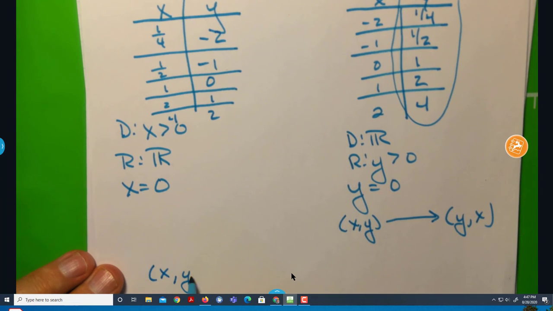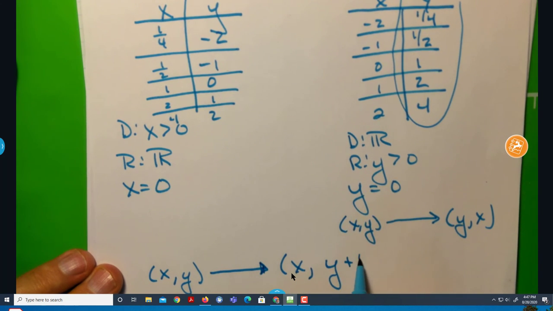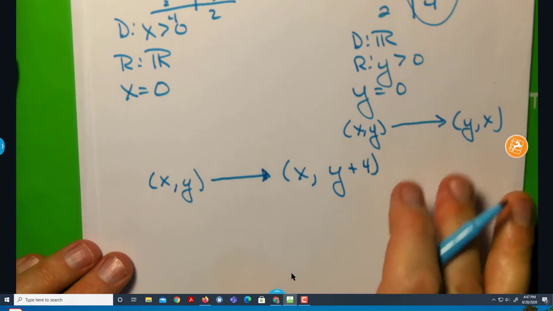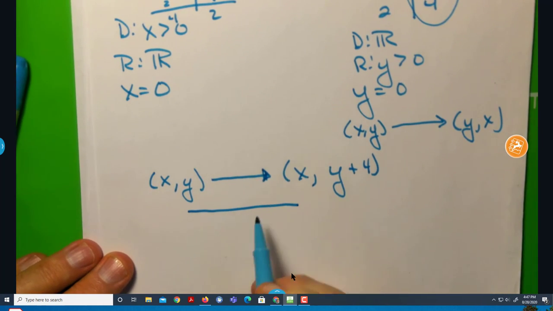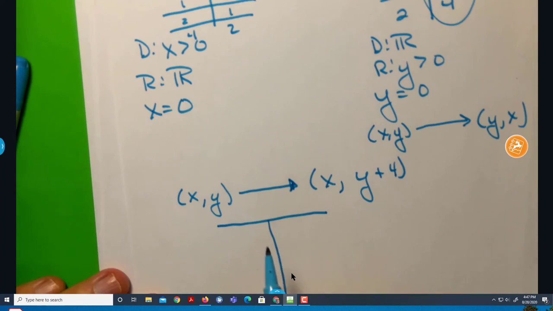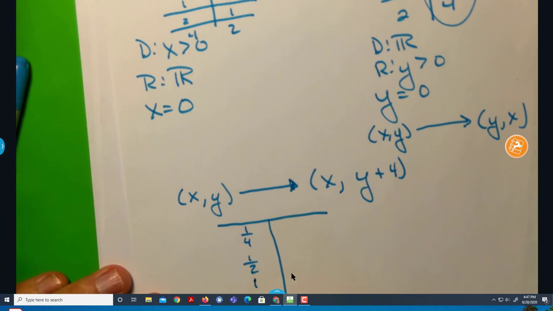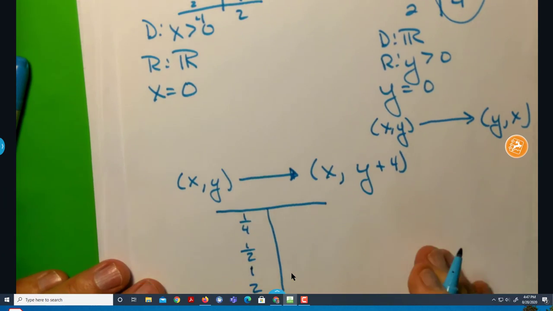Okay, now, if you look here, we only translated it 4 up, so I copy the x's, and I add 4 to the y's. So I take my table above, this table, I copy all my x's, 1/4, 1/2, 1, 2, 4.